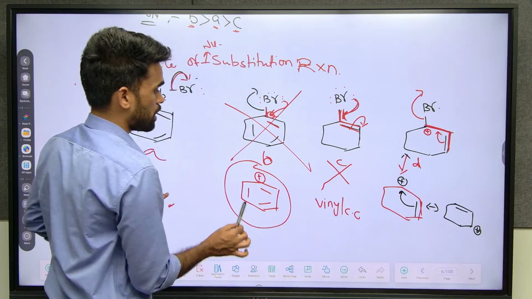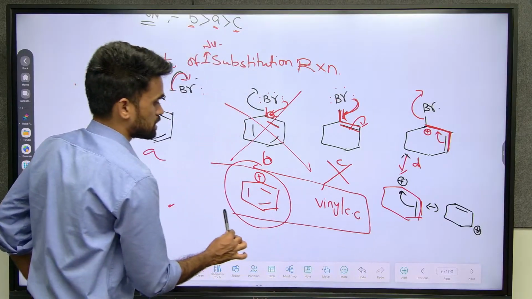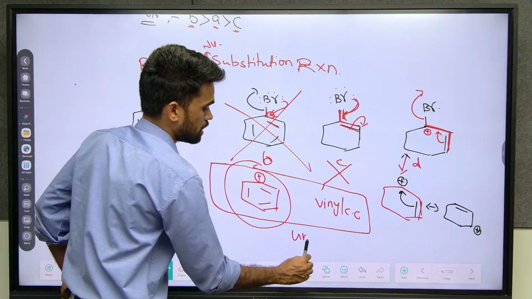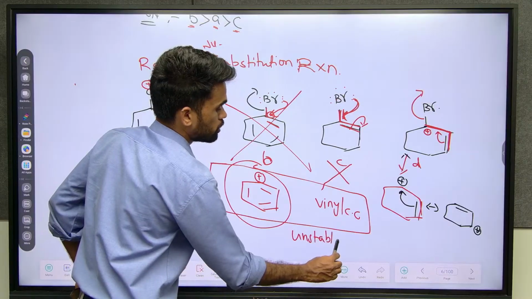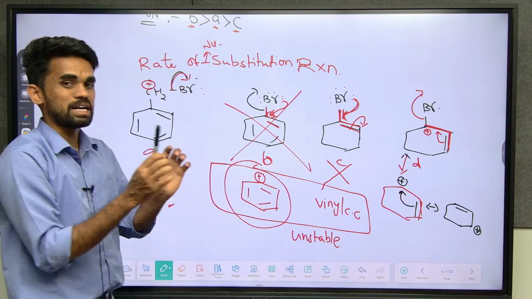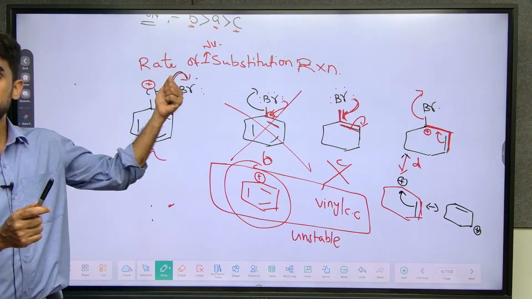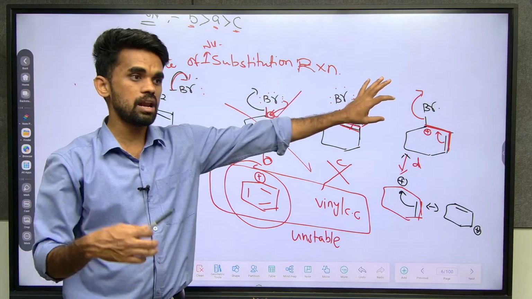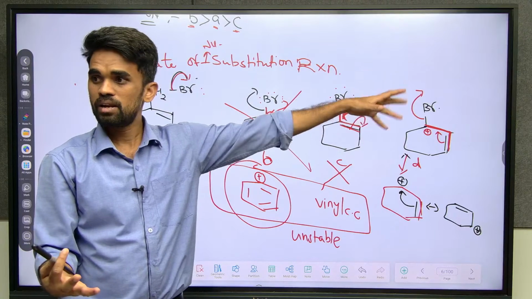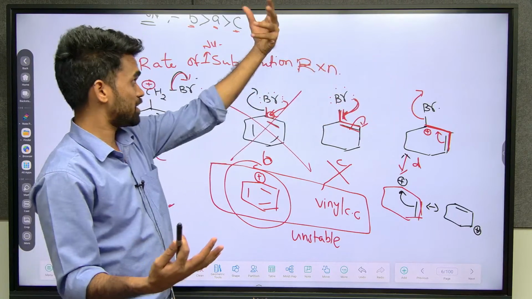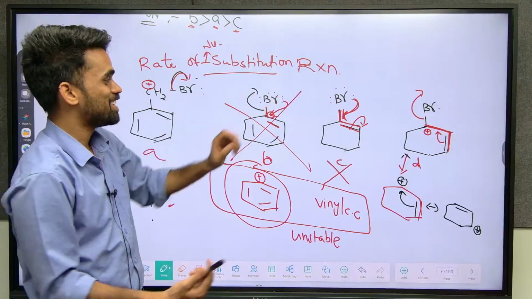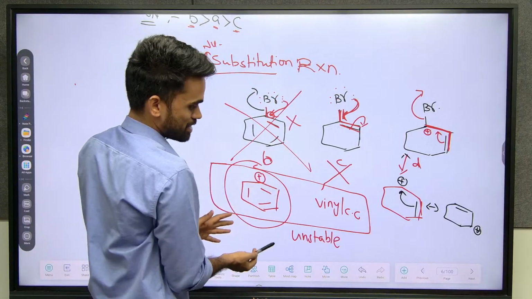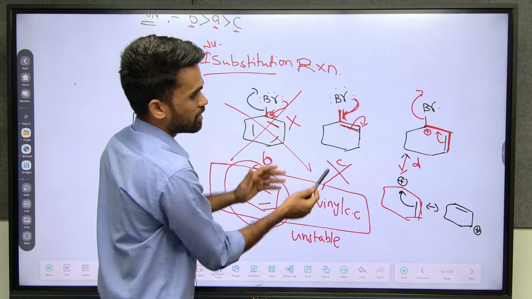If you remember, I told you vinyl carbocations are highly unstable. So will this kind of systems participate in nucleophilic substitution? No, only benzylic, allylic or normal will take part in the substitution reaction, not aryl or vinyl.